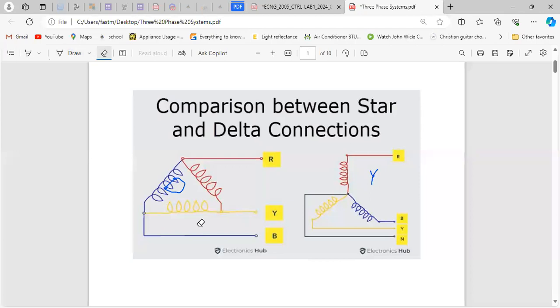Those are the configurations. So three phase, why do they call it three phase? Think of each of these coils as single phase transformers. So these are three single phase transformers here, and the three of them together are normally 120 degrees out of phase, which I'll show you just now in a diagram.